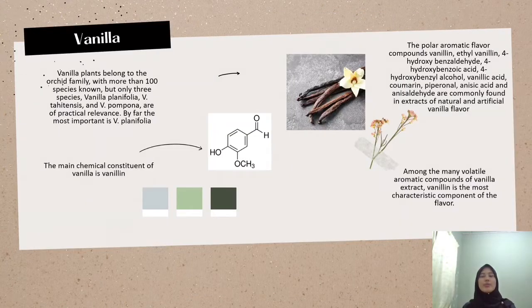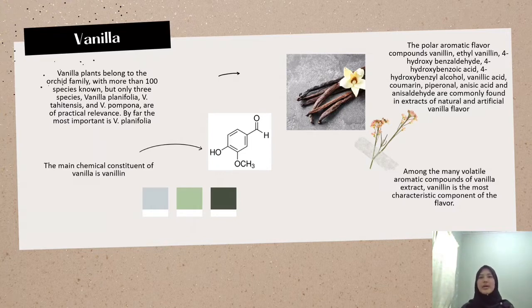As the experiment is about vanilla, here are some important things. First, vanilla plants belong to the orchid family with more than 100 species known. For this experiment, we will focus on Vanilla planifolia. Second, the main chemical constituent of vanilla is vanillin.